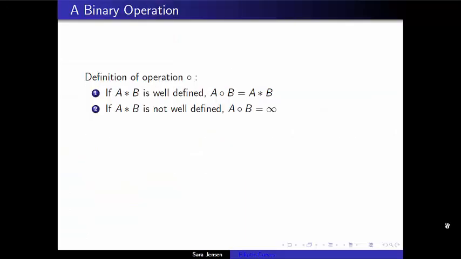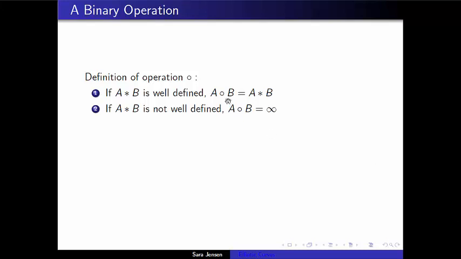So just to be clear on what that binary operation circle is, if A star B is well defined, as it was in the first two examples that we did, that third intersection point on the line through 1, 1, and 3, 5, and that third intersection point on the line through 0, 1, and 3, 5, then don't change anything.